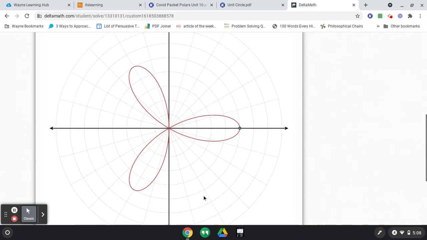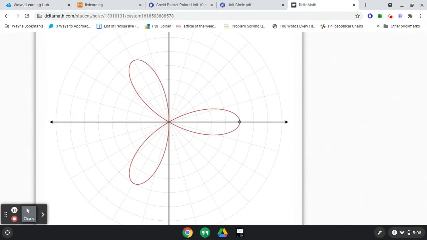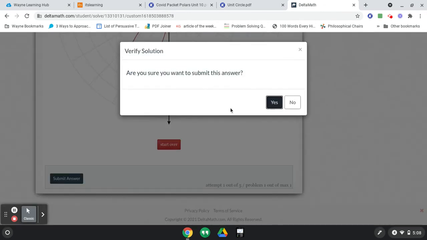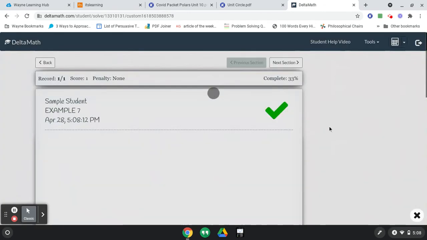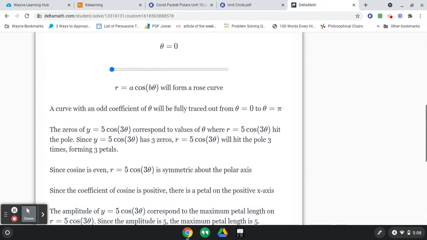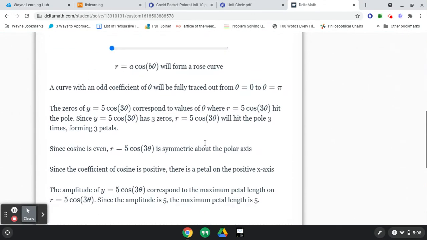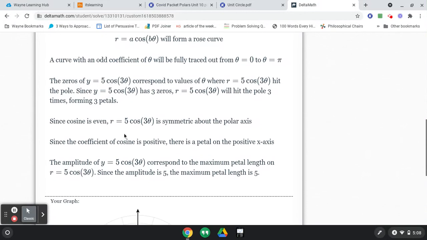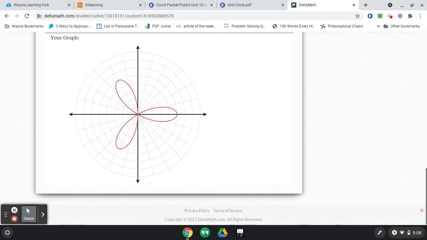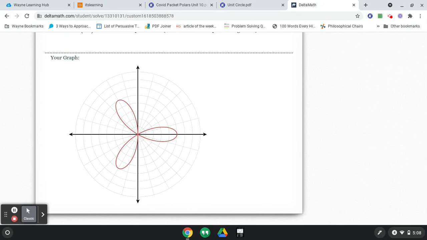Take a second on your own to try that on your Delta Math example number 7. The explanations talk a lot about different things. We don't really do it the same way that Delta Math does. So I wouldn't spend too much time trying to work through that.